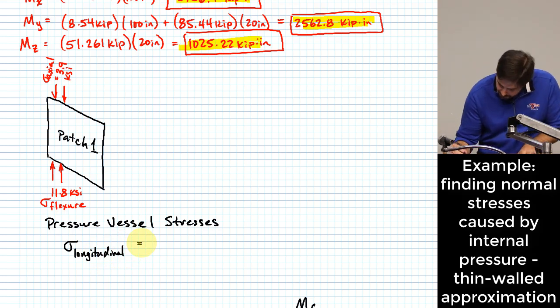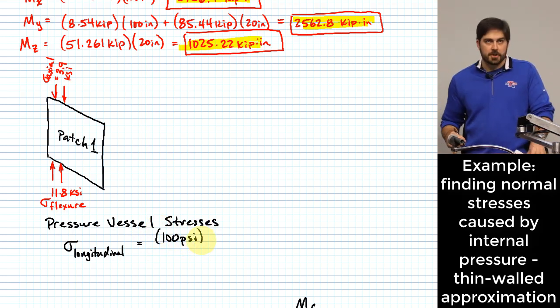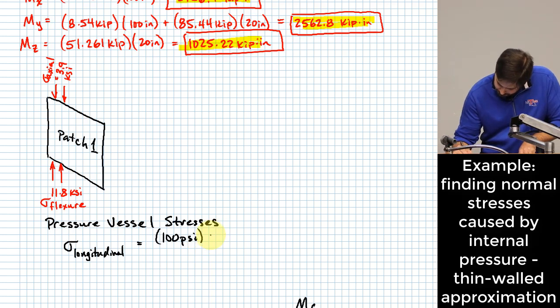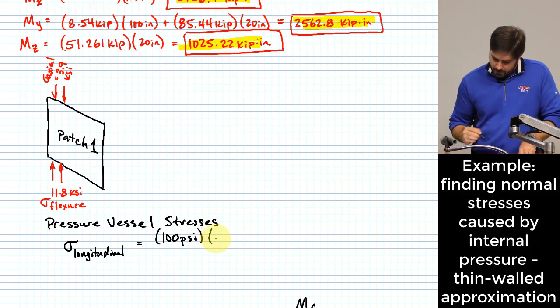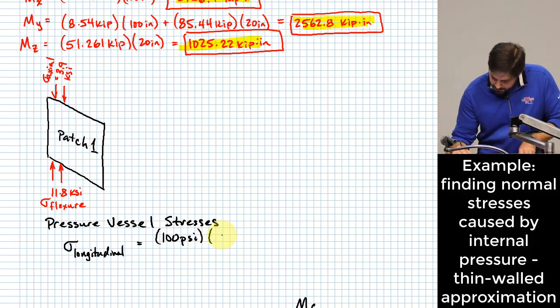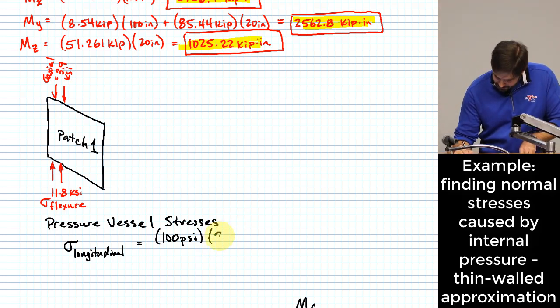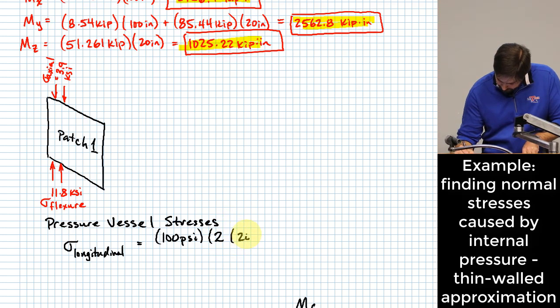It's going to be the internal pressure of 100 psi. Okay, what's the internal diameter? I'll say the internal diameter is going to be 2 times the internal radius, and the internal radius is going to be 20 inches minus 0.175 inches.